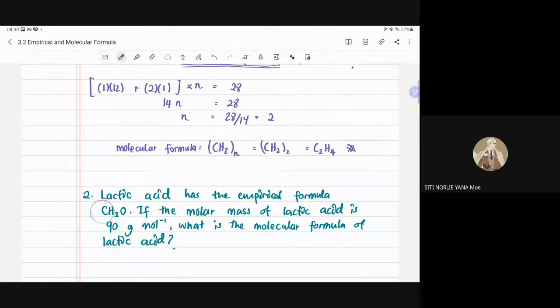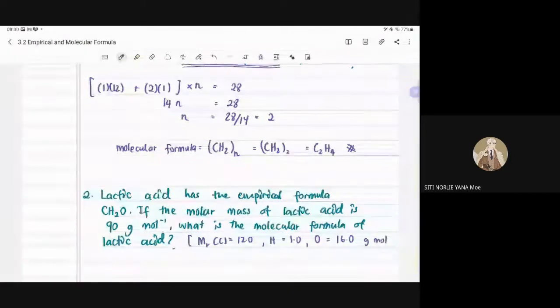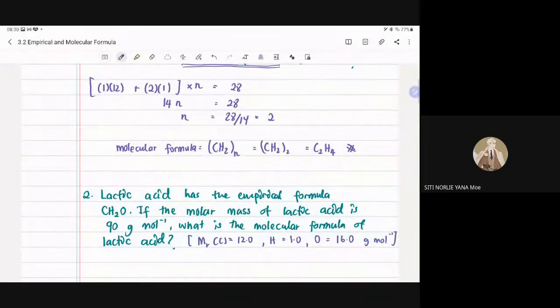Dia punya as usual, okay, so dia punya relative atomic mass dia, ataupun dia punya molar mass untuk setiap atom, MR untuk carbon adalah 12.0, untuk hidrogen adalah 1.0, untuk oksigen adalah 16.0 grams per mole. Okay, so ini semua adalah dalam grams per mole. So try to calculate this sekarang.